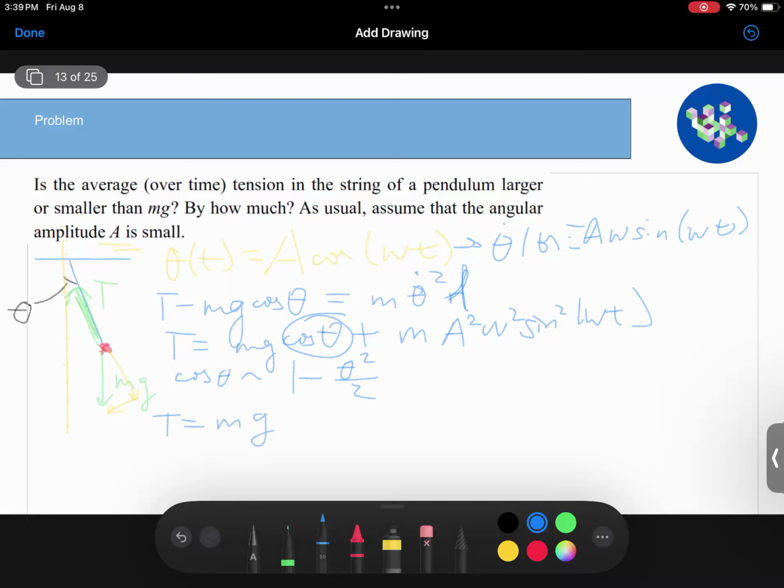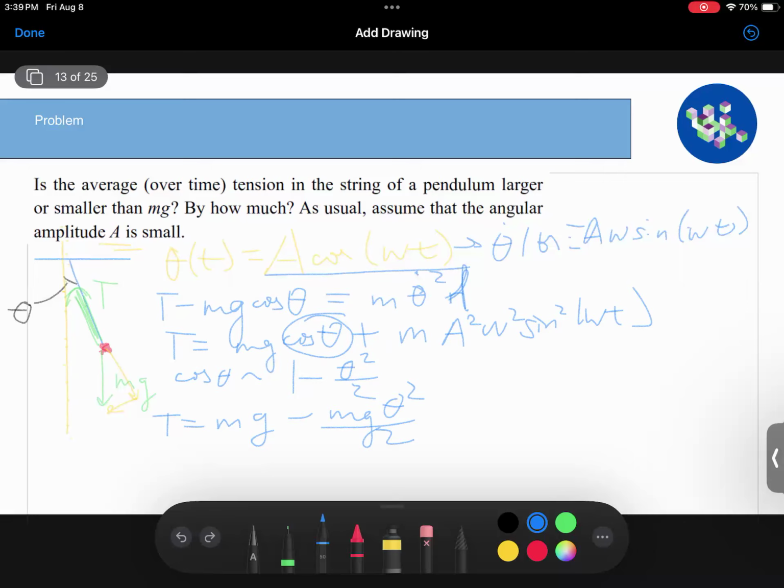Then we also have the second order term, right? What's the second order term? It will be minus mg theta squared over 2. Oh wait, theta as a function of time, we already have that, right? It's right here.